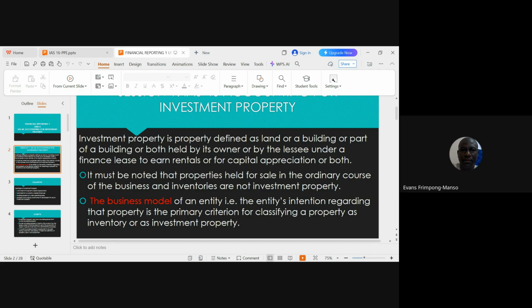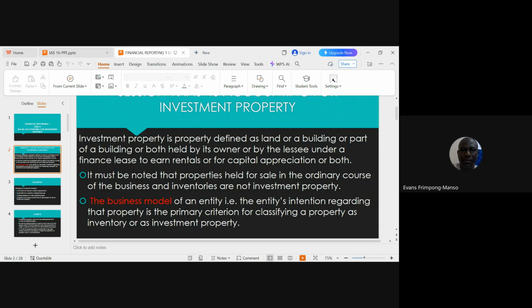That is to say that the property is leased out. When I say is leased out, that means you rent it out. And that leased out is termed as a finance lease.